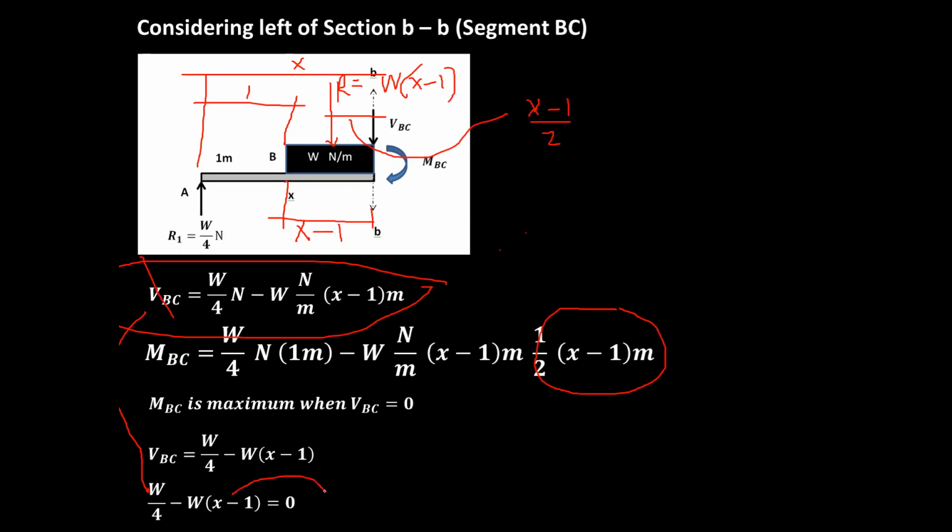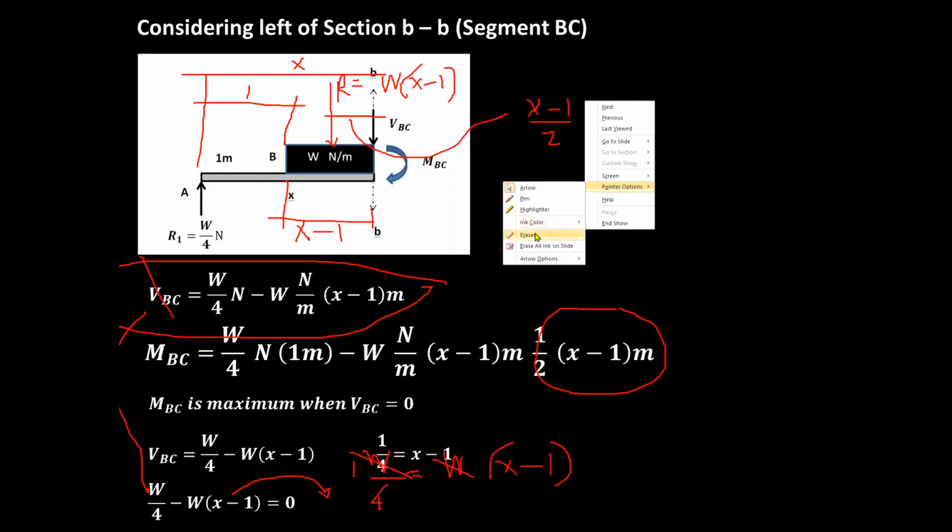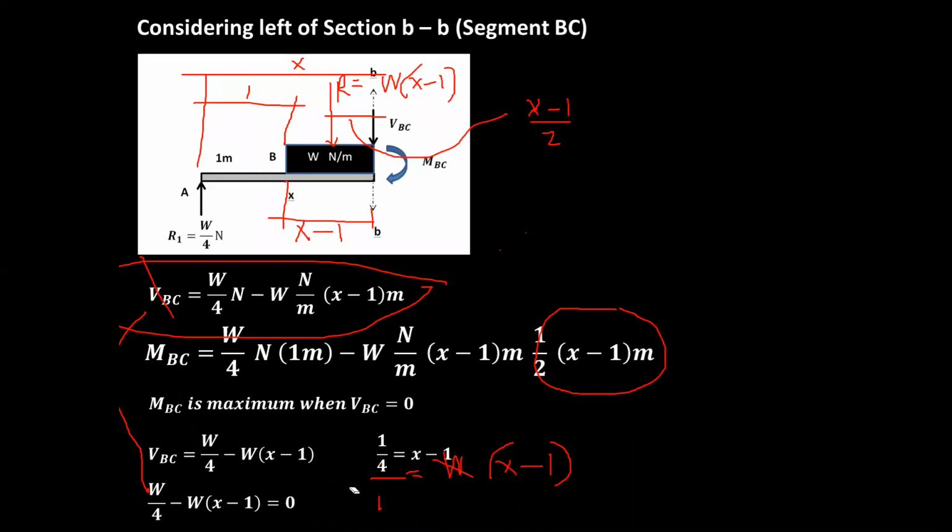But if I transpose this to the right, the sign becomes positive, and it becomes like this, equal to W times X minus 1. Definitely, we can cancel both W, leaving only 1/4. That's why we have 1/4 is equal to X minus 1.